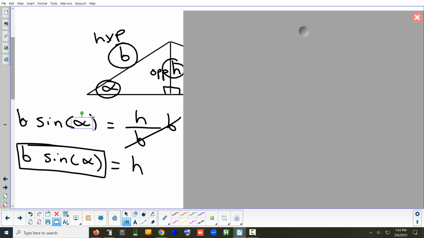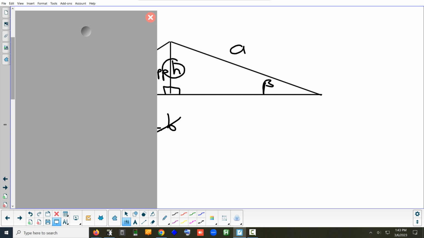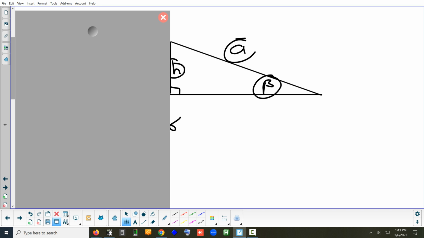I'm going to do the same thing again. I'm going to do it on the other side of the triangle, on the right side. Okay, let's look at the right side. I want to come up with a formula again for finding the height, but this time I want to use those three things. So, Kiana, what's my angle that I'm using as my reference point on the right side?